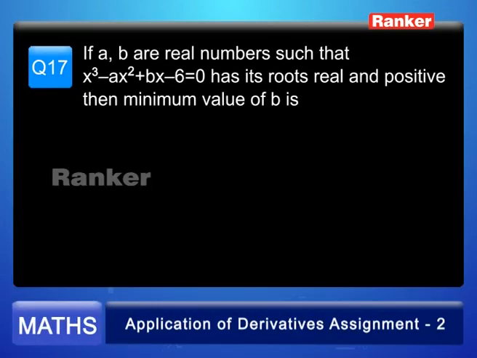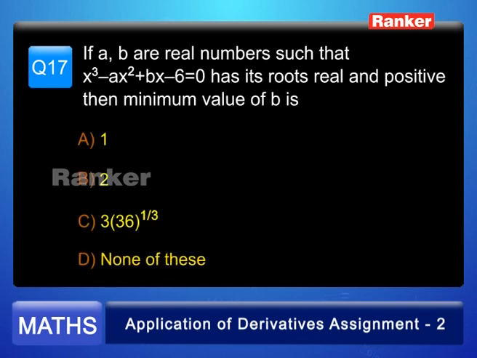Next question, if a and b are real numbers such that x cube minus ax square plus bx minus 6 equal to 0 has its roots real and positive, then we need to find the minimum value of b.